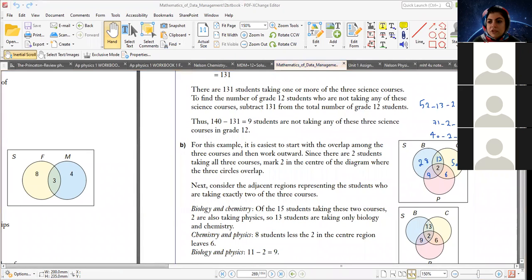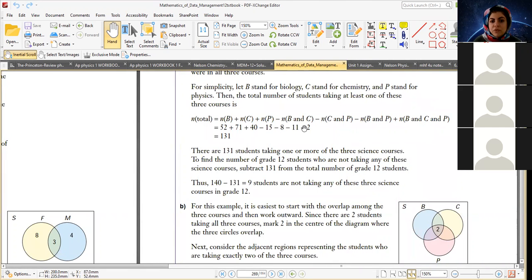Do you guys have any question? This is for the Venn diagram. Now, how many total students are there? You have to use this formula.